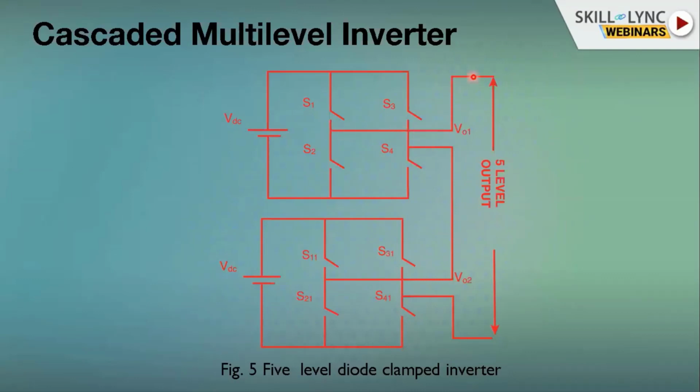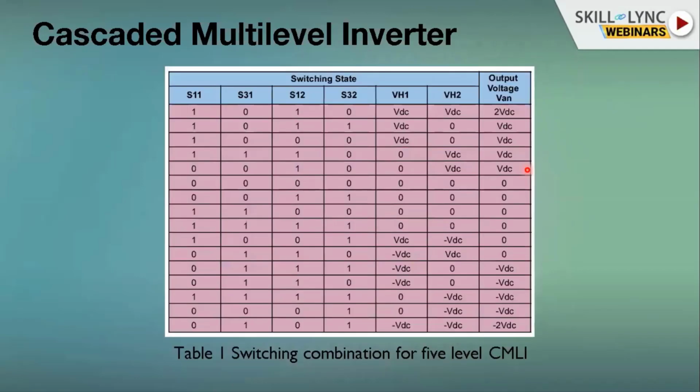Whatever voltage you get here, it goes down and gets added. This VDC gets added here, and then from this top and this bottom is where you get the full voltage. A lot of switching states.